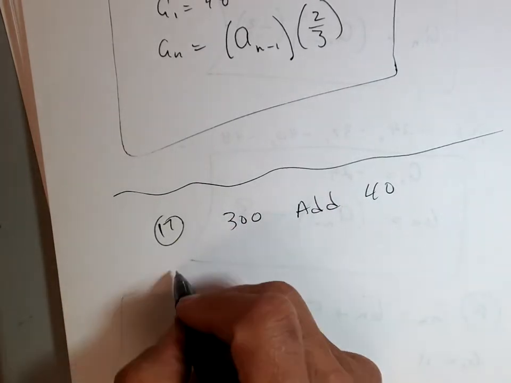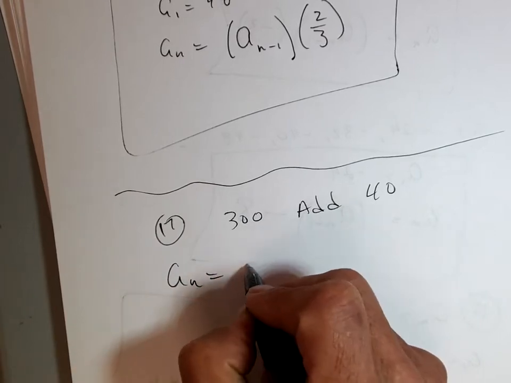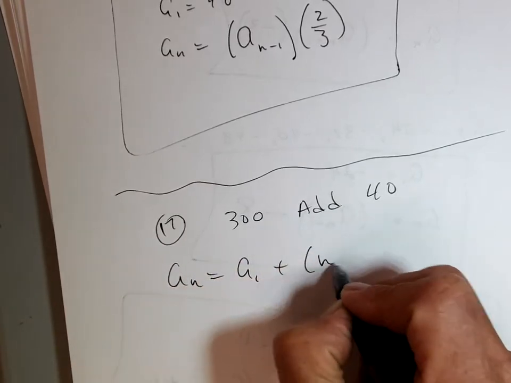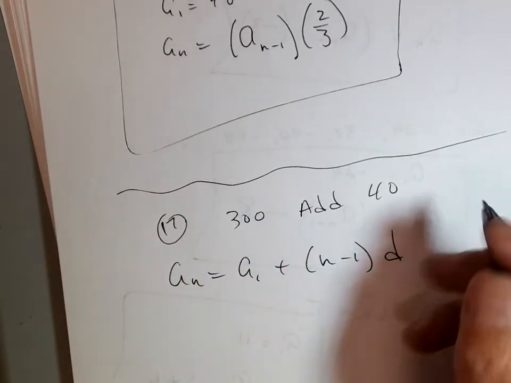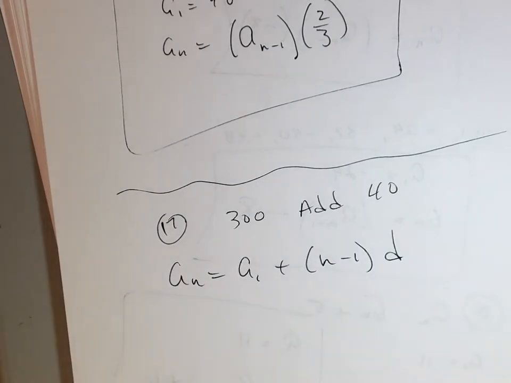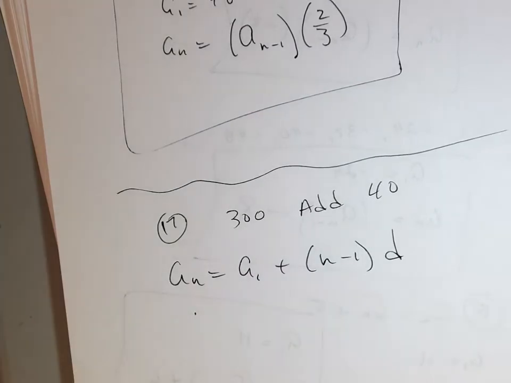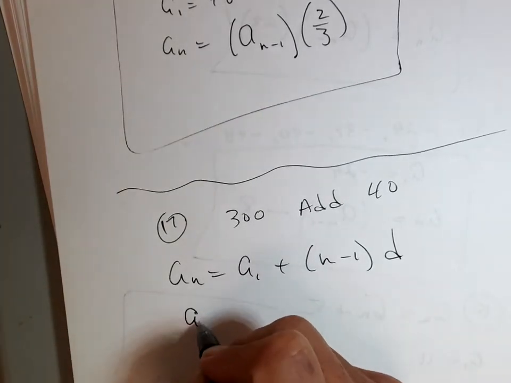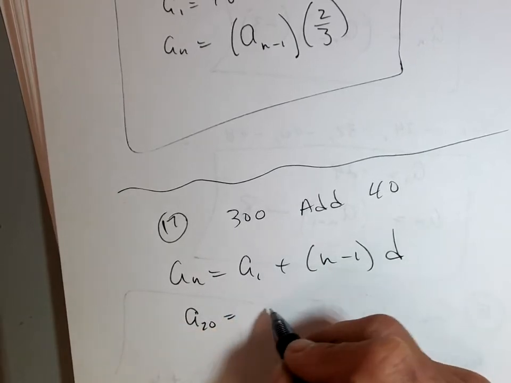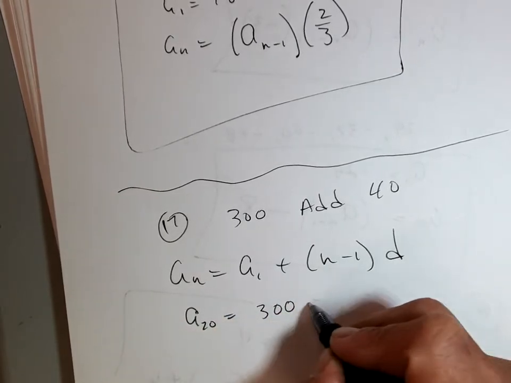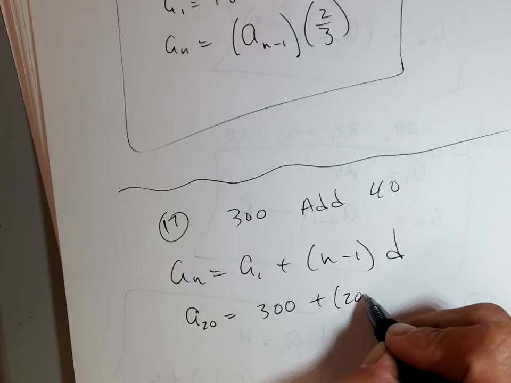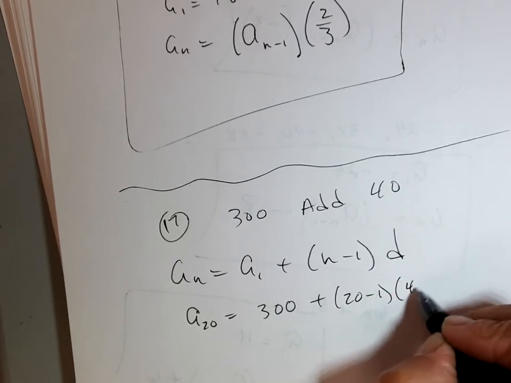So we've got a formula: A of n equals A1 plus n minus 1 times d. I need the 20th year, so A of 20 equals 300 plus 20 minus 1 times 40.